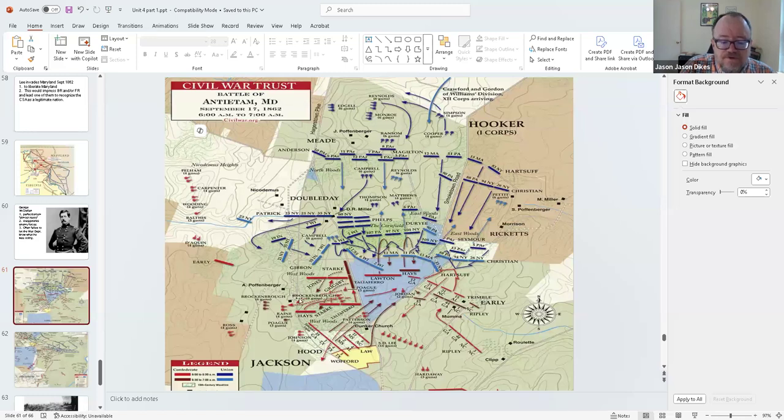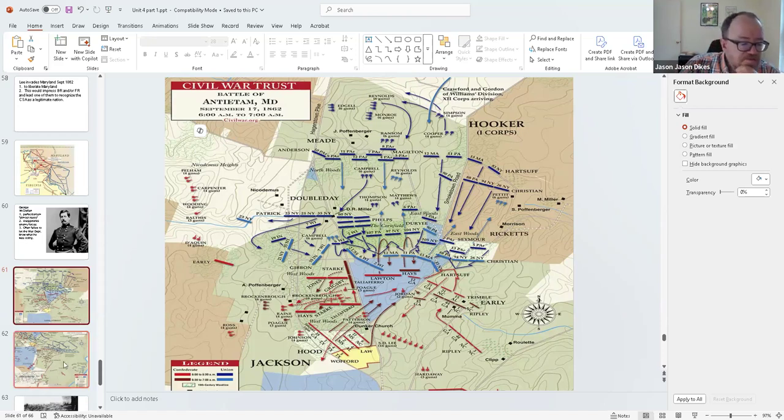Here are your Confederate troops. Union troops are out here. Some heights. But most of the action took place from about 6 to 10 a.m. in this cornfield, and about 10,000 men were either killed or wounded in those first 4 hours.